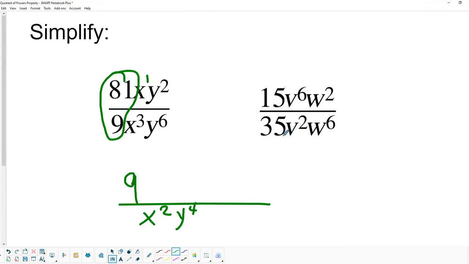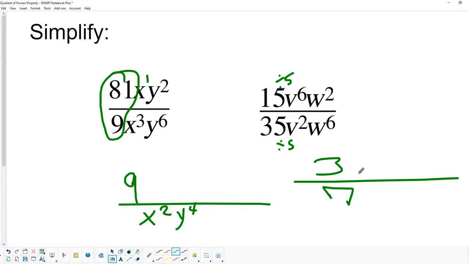All right, on our next one, we're going to divide 15 and 35 by 5. So divide each of these by 5. That leaves us with 3/7. And as far as our b's are concerned, 6 minus 2 is 4.